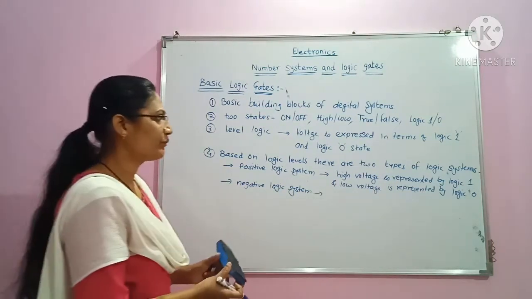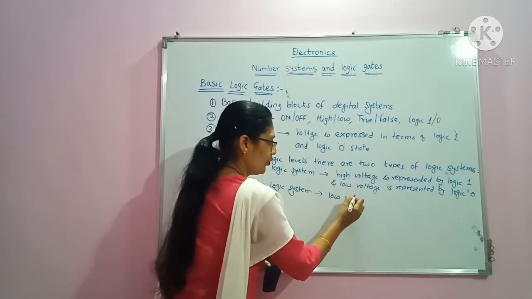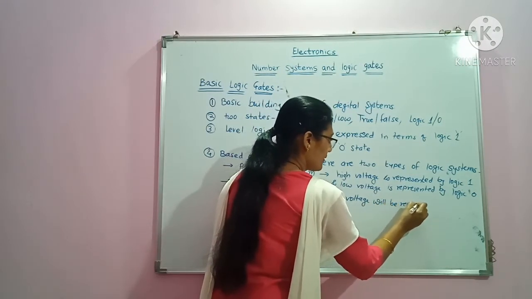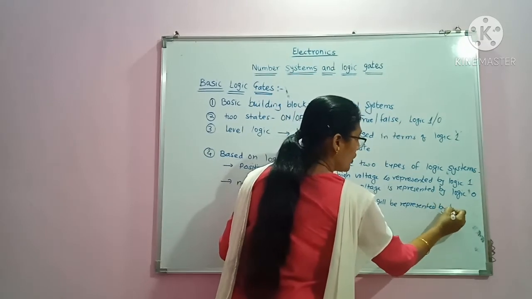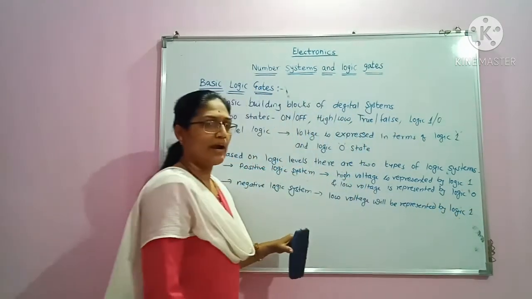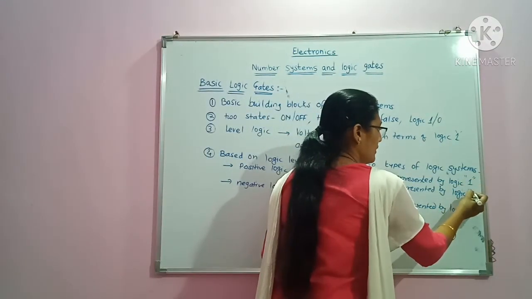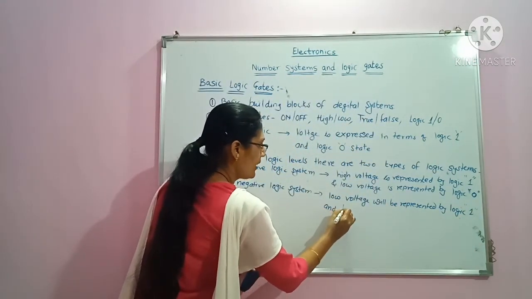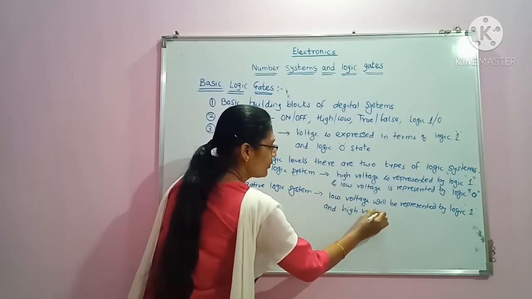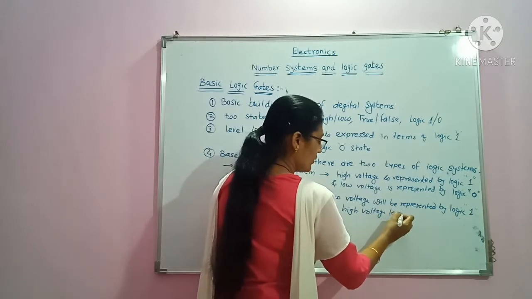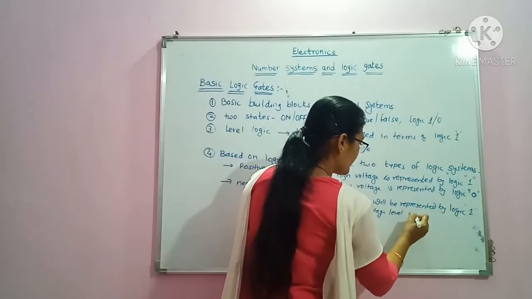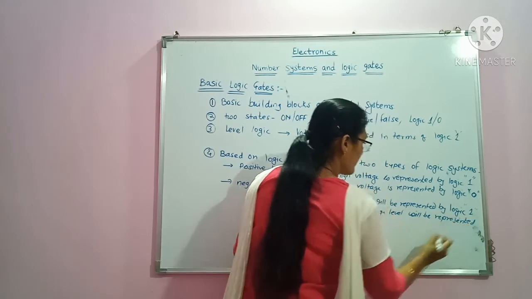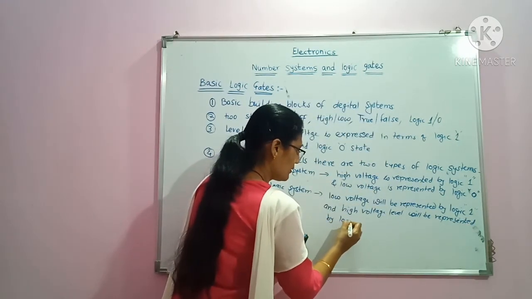In the negative logic system, the low voltage will be represented by logic 1 state, and the high voltage level will be represented by logic 0.